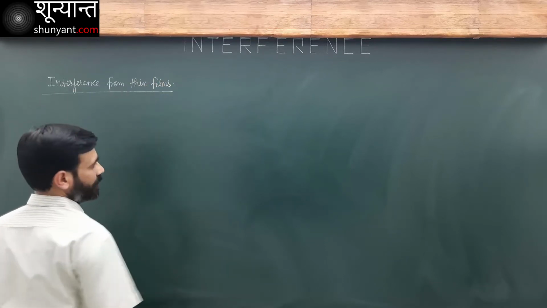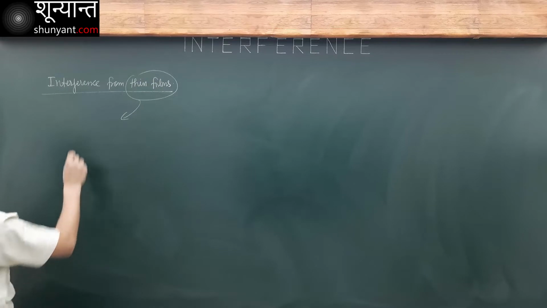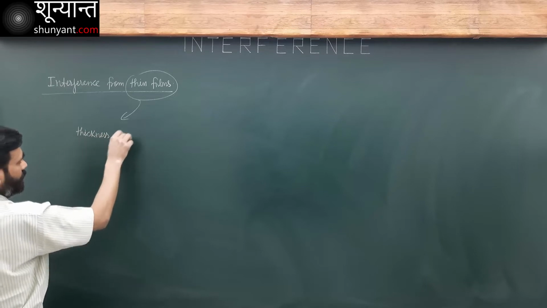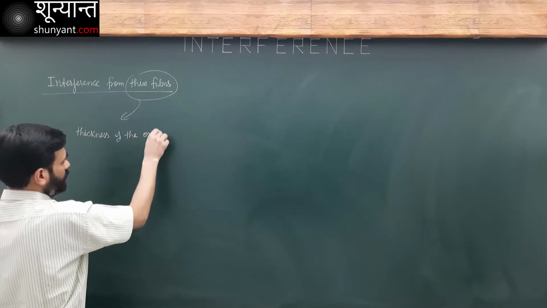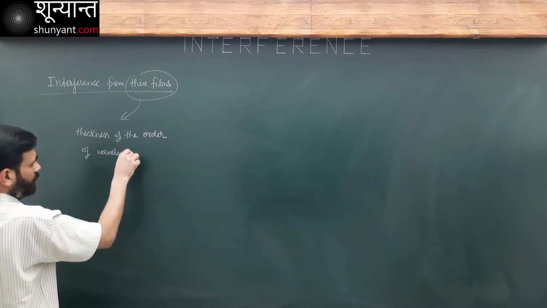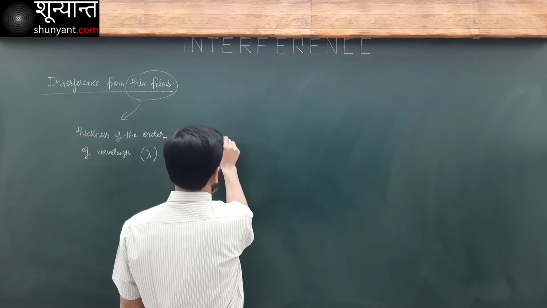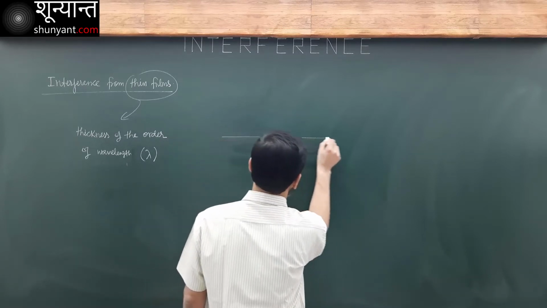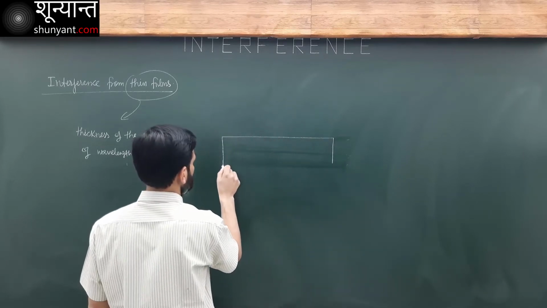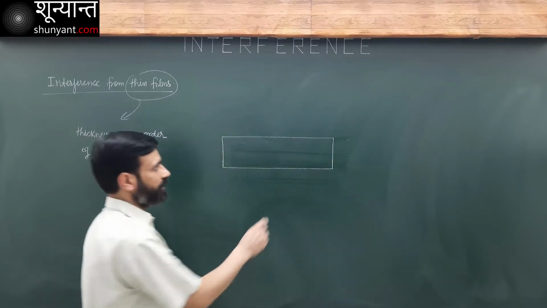Thin films. First of all, what is the meaning of thin films? Films having thickness of the order of wavelength, lambda. I have this thin sheet, thin film.